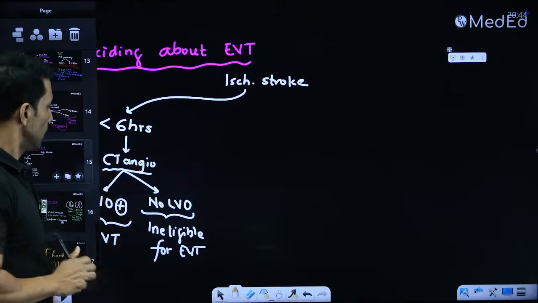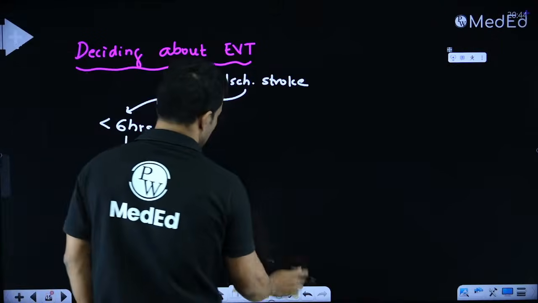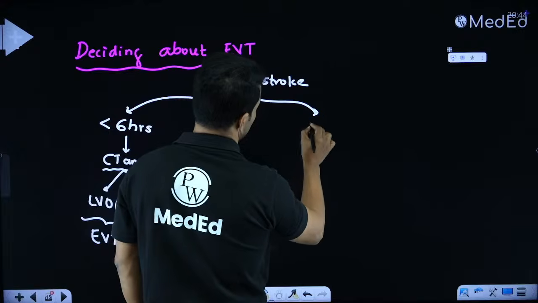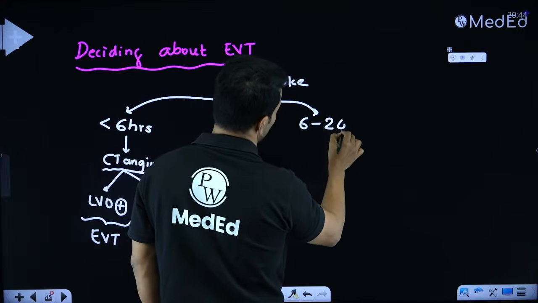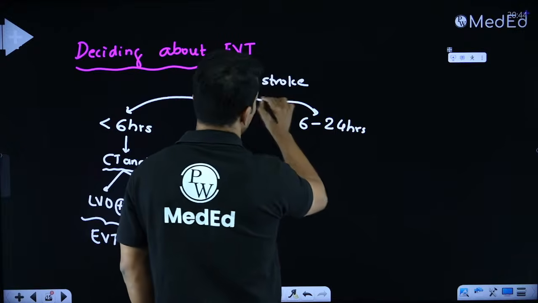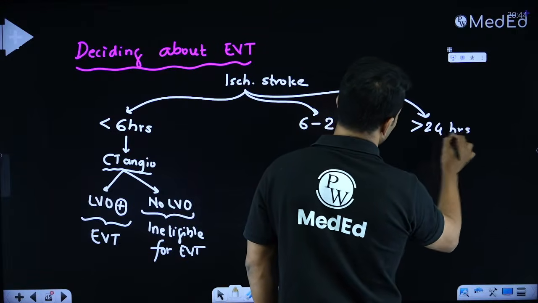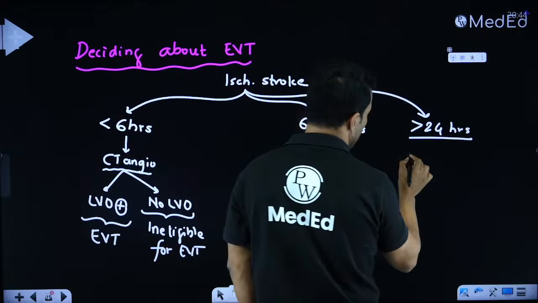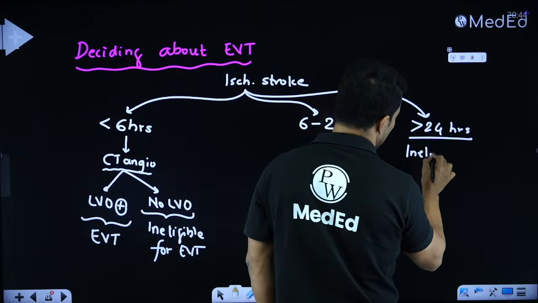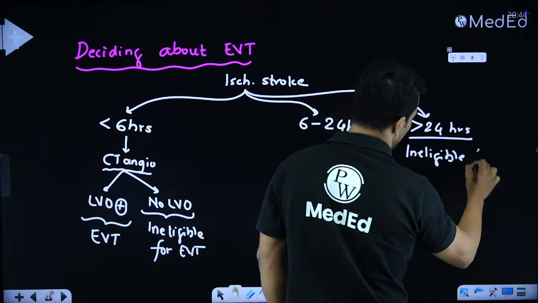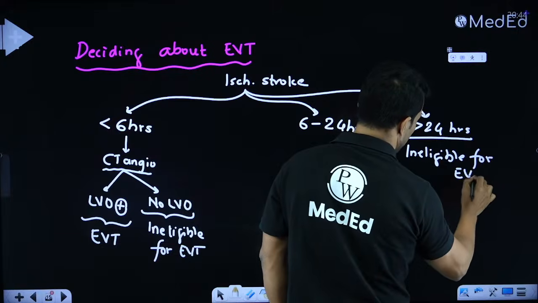Okay. Now, if they have presented after 6 hours up to 24 hours. As I've already told you, after 24 hours, they become ineligible for EVT because there will be no penumbra that I can save. So I'm definitely not doing it there.